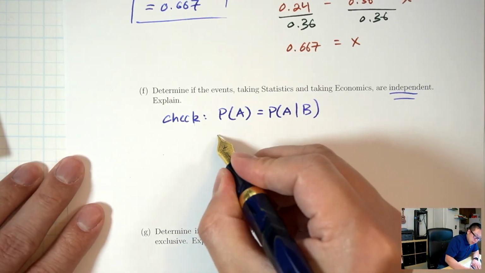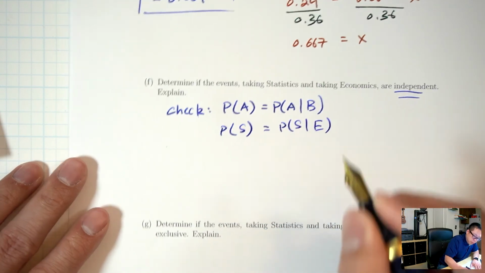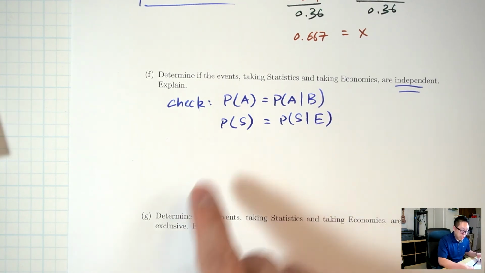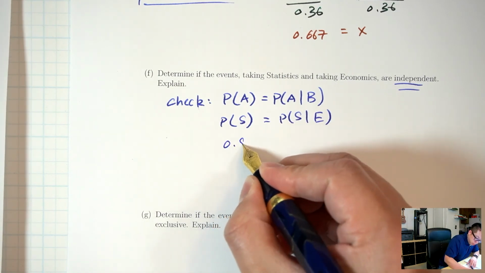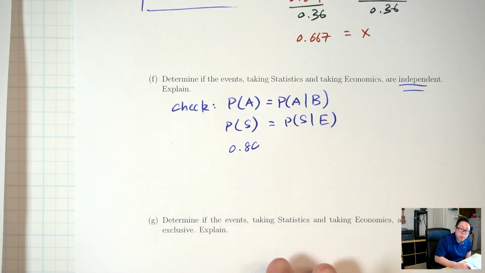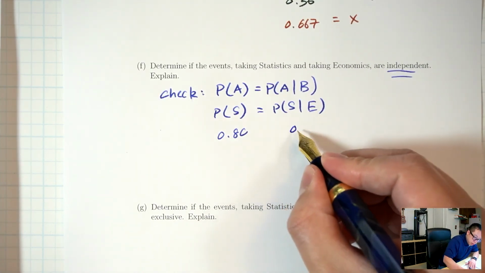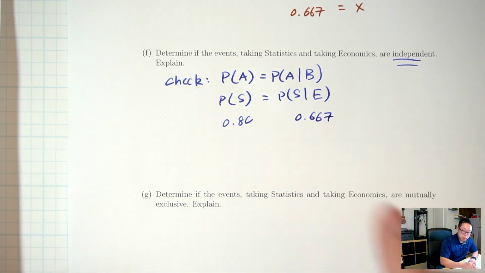So this is probability of S equals probability of S given E. Okay, find the left side, find the right side, and then see if they're equal. Probability of S, I do know from the beginning, is 0.80. S given E, do I have that somewhere? I do, I have it right here. So that's 0.667. And then our conclusion, they're not equal, so they're not independent.